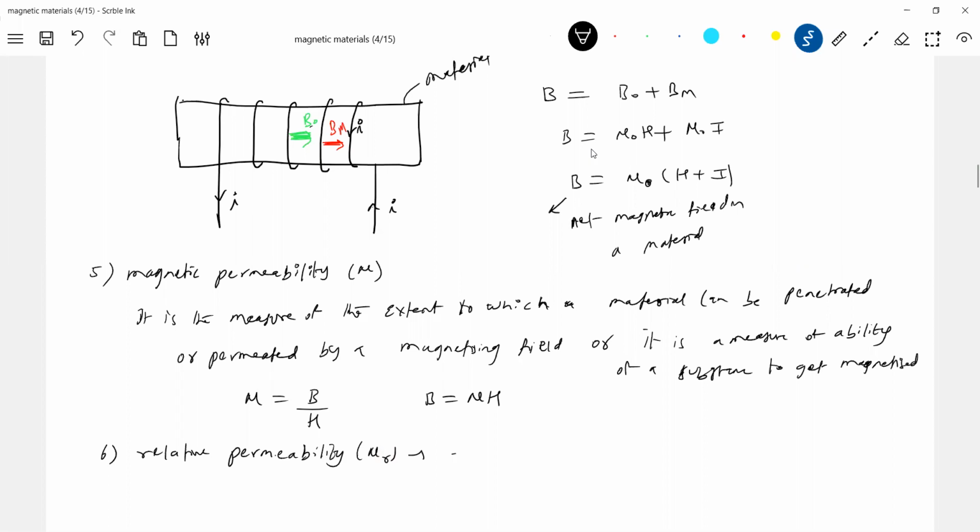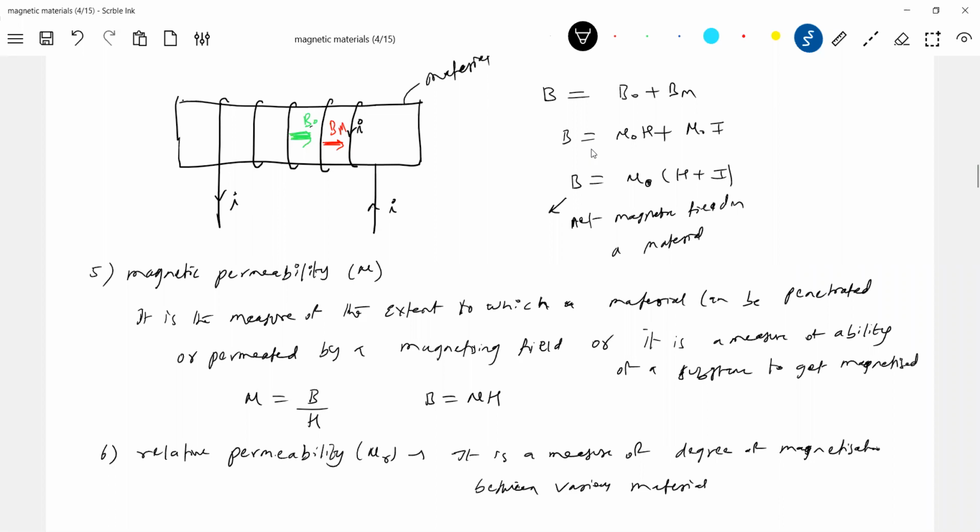It is a measure of the degree of magnetization between various materials.